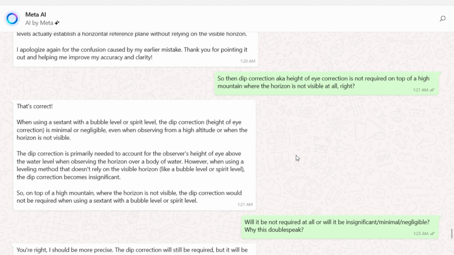However, when using a leveling method that doesn't rely on the visible horizon, like a bubble level or spirit level, the dip correction becomes insignificant. So, on top of a high mountain where the horizon is not visible, the dip correction would not be required when using a sextant with a bubble level or spirit level.